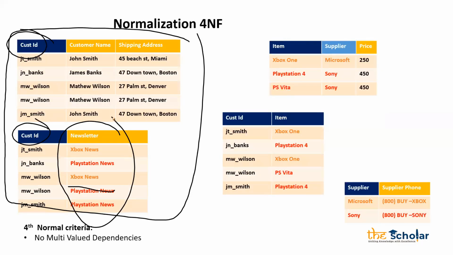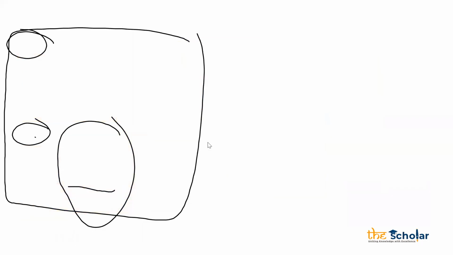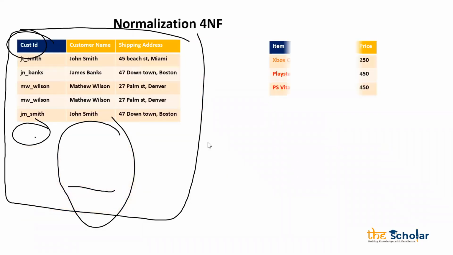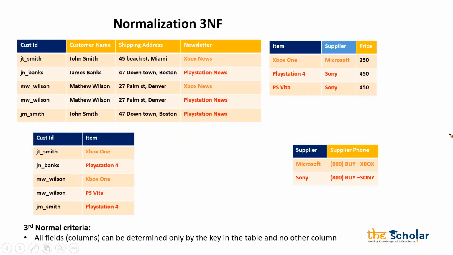Then what will happen? In the previous table, I will have to update this record with null, right? I will have to update this record with null. That means I'm updating this table altogether.